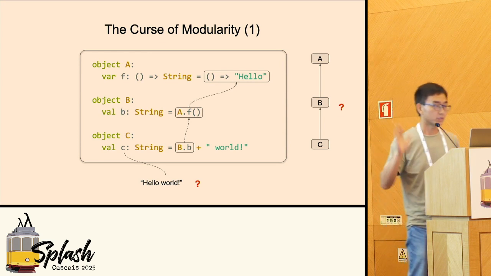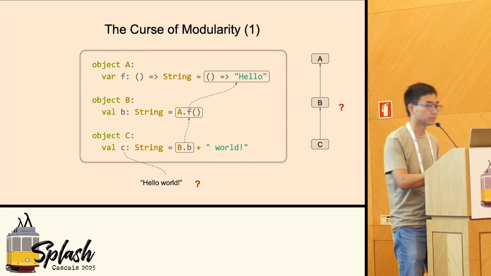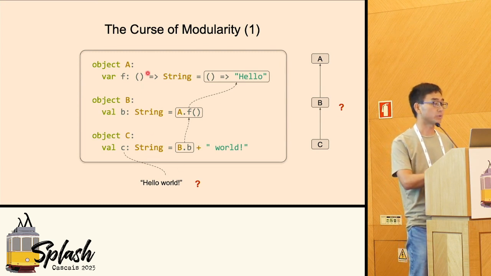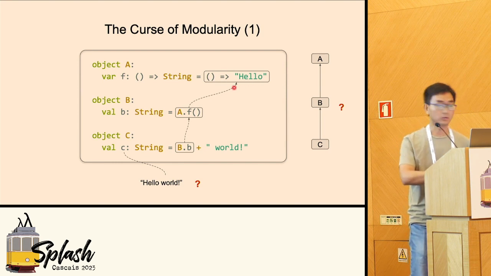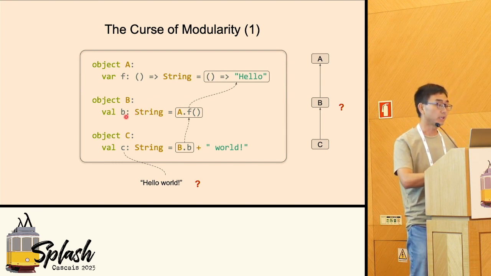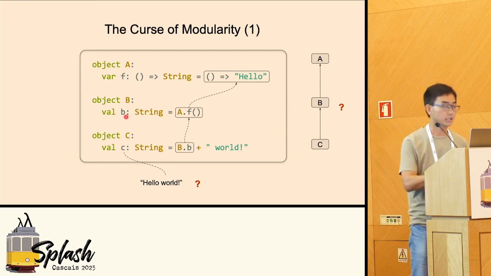We illustrate this point with this piece of code. So here we have three objects, A, B, and C. Object A has a mutable field f, which is initialized with a function that just returns the string hello. Object B contains a field b, which is initialized by calling this function f.